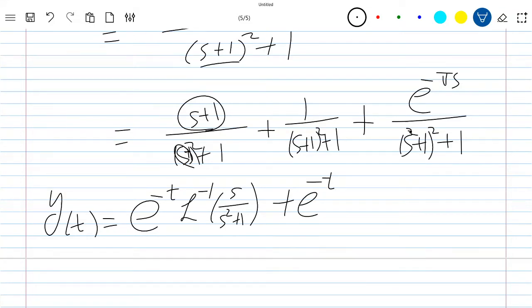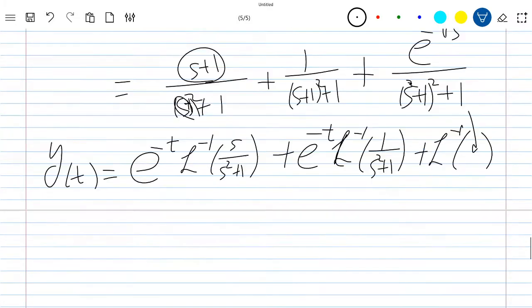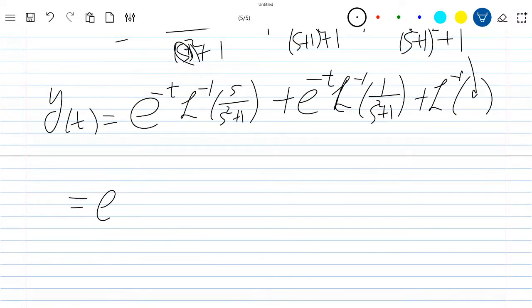You also have e to the negative pi s, and do the inverse transform of that. And the last term we'll do similarly, but we'll do that a little bit later. So what does this give you? E to the negative t cosine of t, and then e to the negative t sine of t.